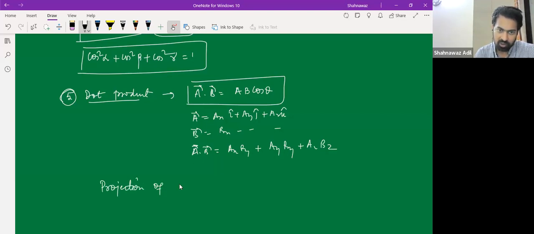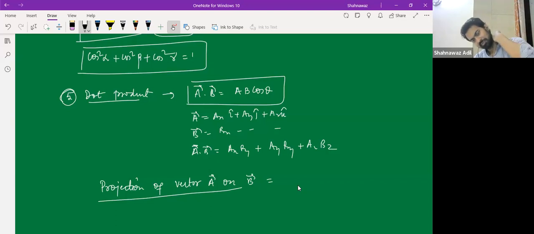vectors. So projection of vector A on B. So this was simply, yeah, who remembers? Akib, what was the projection of vector A on vector B? Yeah, A cos theta.